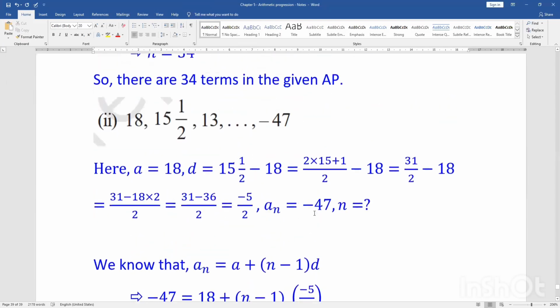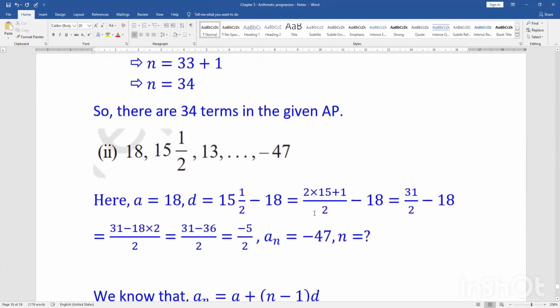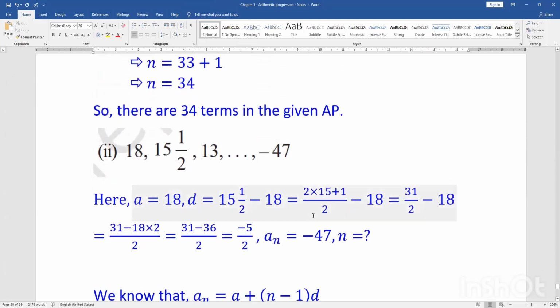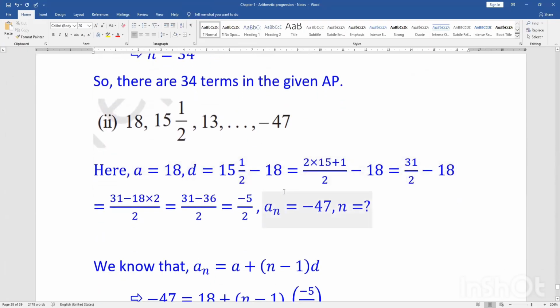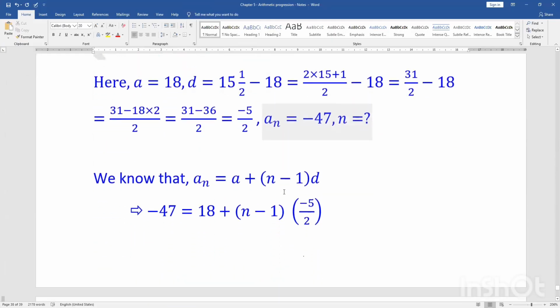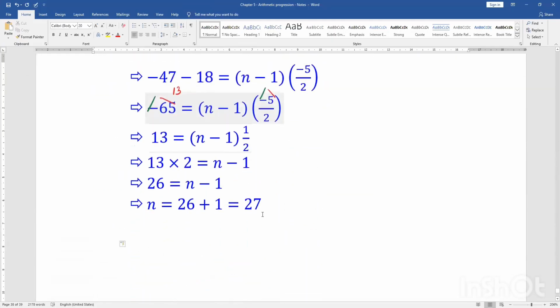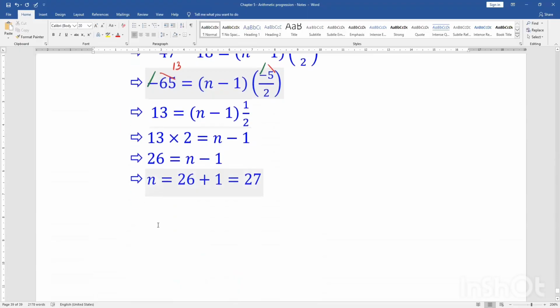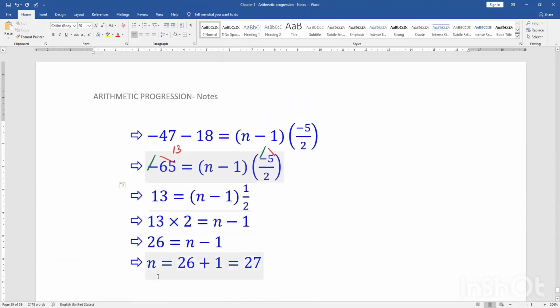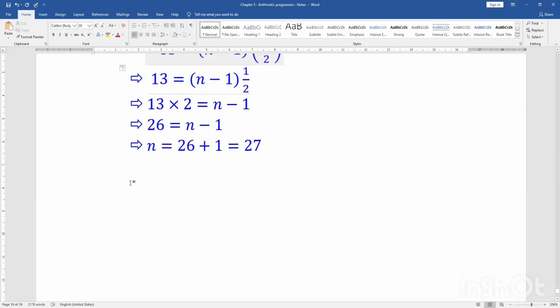The 27th term is the 47, right? So the number of terms is 27, and the last term will be equal to 47. Now I move on to the next question.